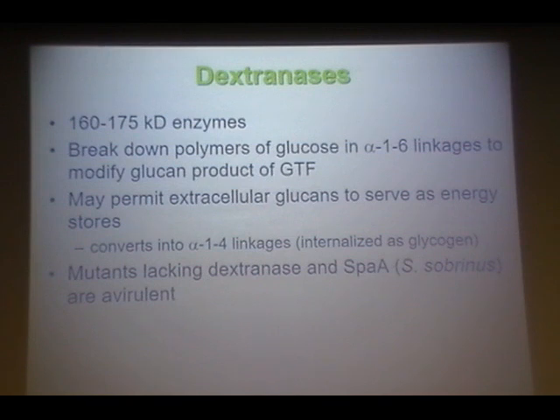It continues to generate lactic acid. That's an extremely important take-home message. And then clearly if you mutate and now the dextranase doesn't work, or if you mutate the adhesin molecules, these organisms are avirulent. That's not surprising.